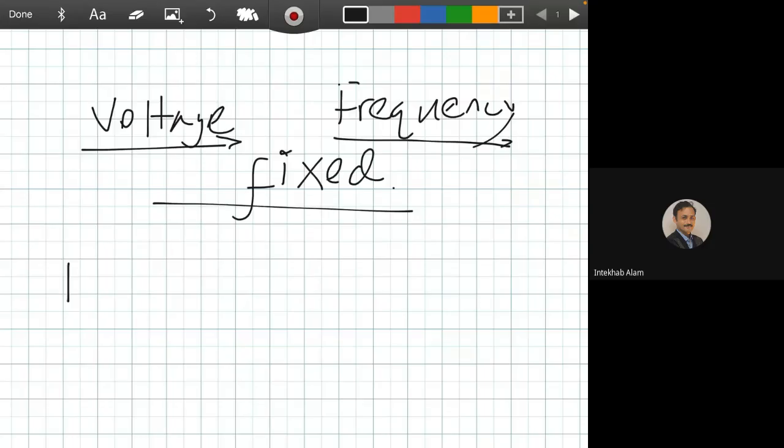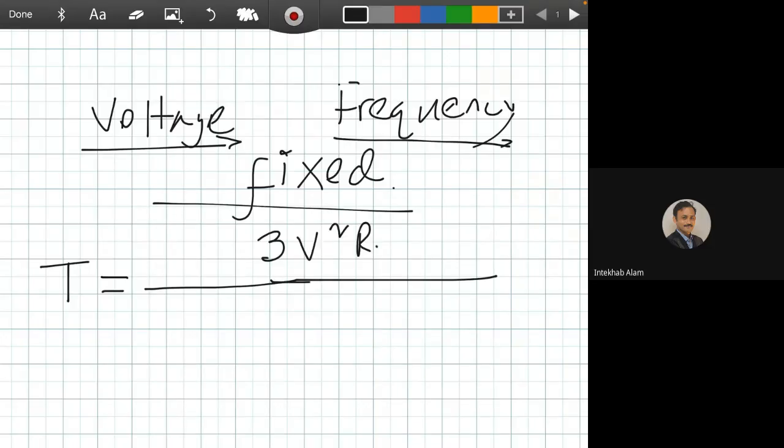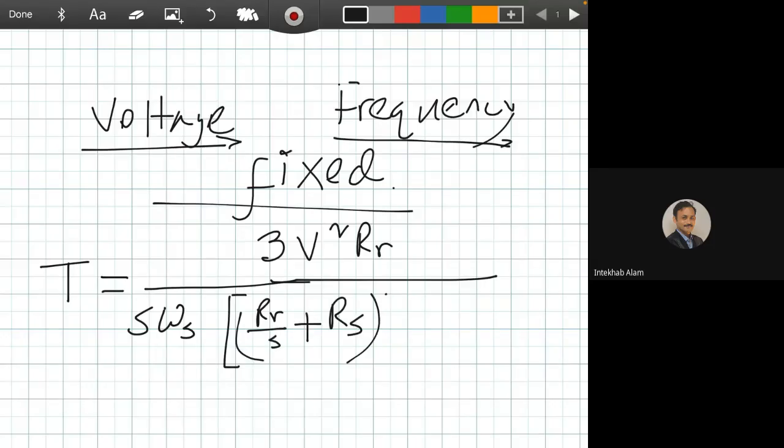In the motor characteristics, if you see the torque equation, you'll find it in this format: 3 V squared R_r over s omega_s, divided by the quantity R_s plus R_r over s, squared, plus X_s plus X_r squared.